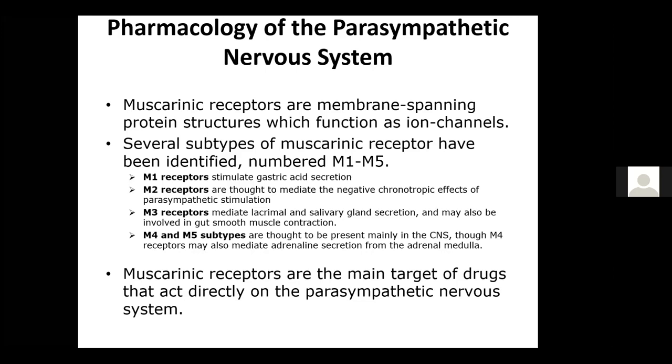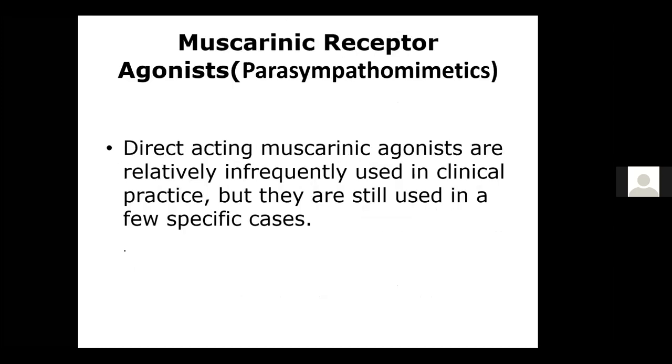Okay, so you can play around with the levels of acetylcholine to influence the parasympathetic nervous system. When you increase the levels of acetylcholine, you stimulate the parasympathetic nervous system. When you block the levels of acetylcholine, you inhibit the parasympathetic system. Okay, muscarinic agonists.